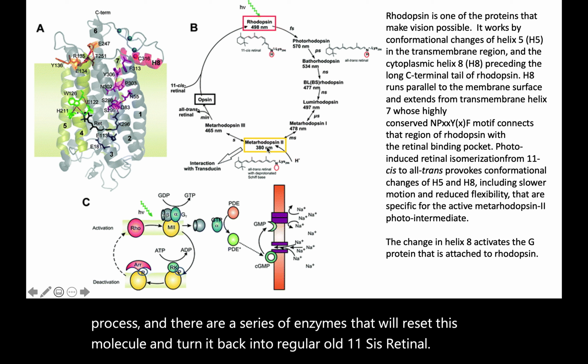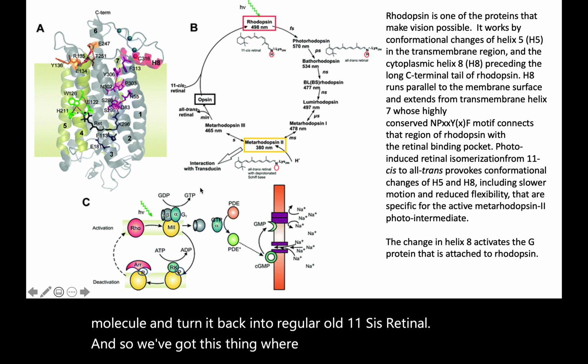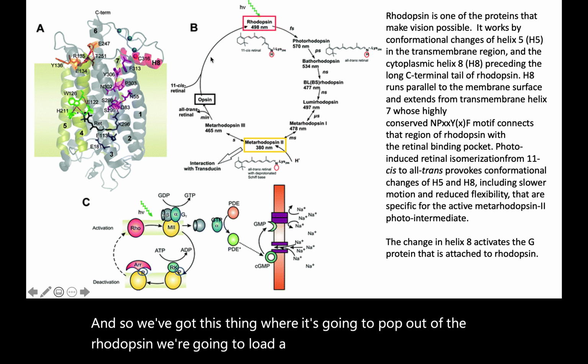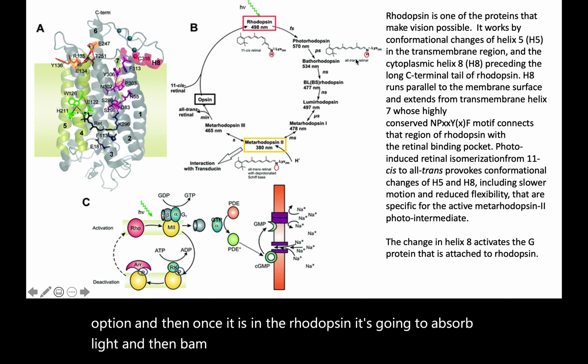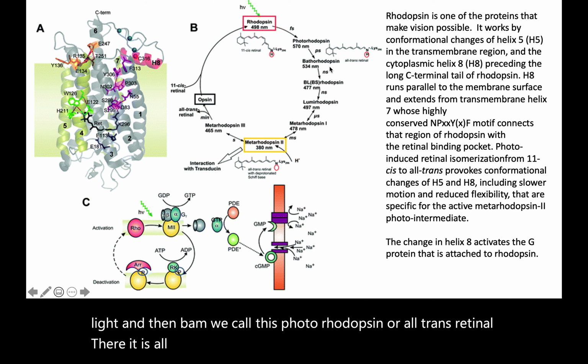And so we've got this thing where it's going to pop out of the rhodopsin. We're going to load a new 11 cis retinal into the rhodopsin. And then once it is in the rhodopsin, it's going to absorb light, and then bam, we call this photorhodopsin or all trans retinal. There it is, all trans retinal in the world's tiniest writing.